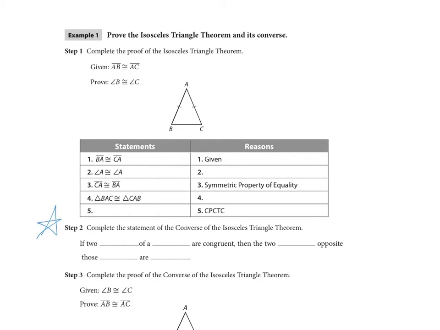Remember what we started with in the isosceles triangle theorem was if the sides were congruent, then the angles were congruent. So a converse, remember, turns that conditional statement on its head and simply says, now my hypothesis is my conclusion, and vice versa.